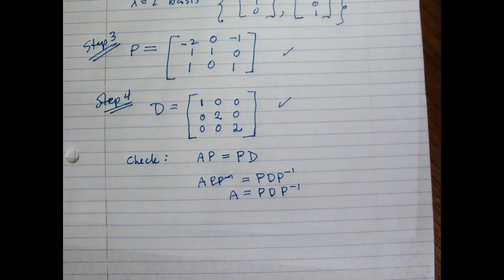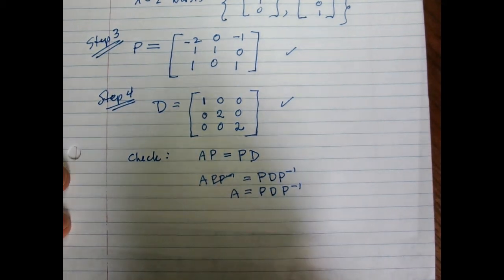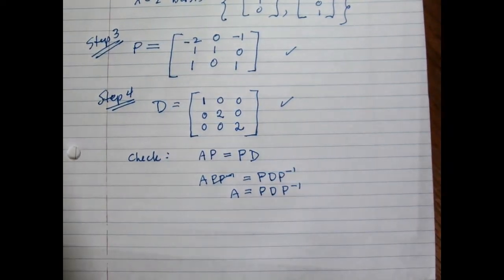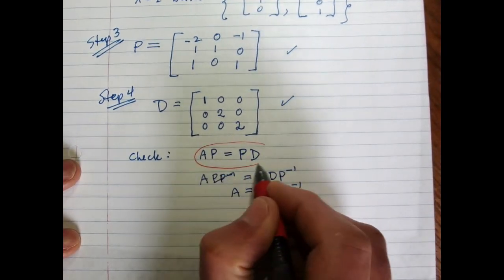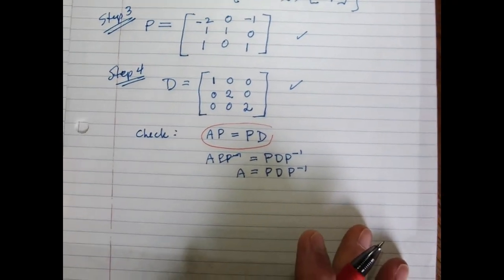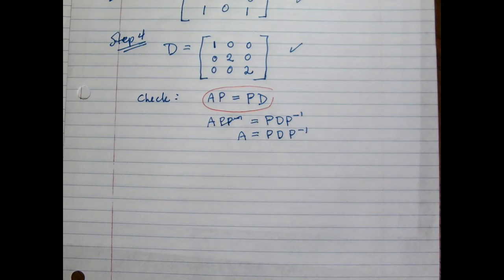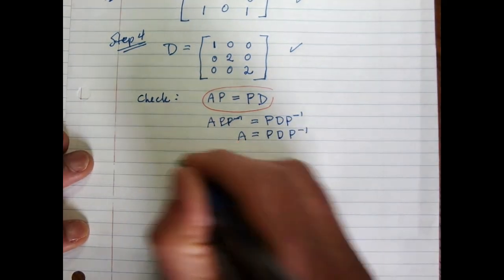That's really our similarity relationship between A and D. But all we got to do is check that AP equals PD, and it's a check just to verify that we haven't made a mistake.